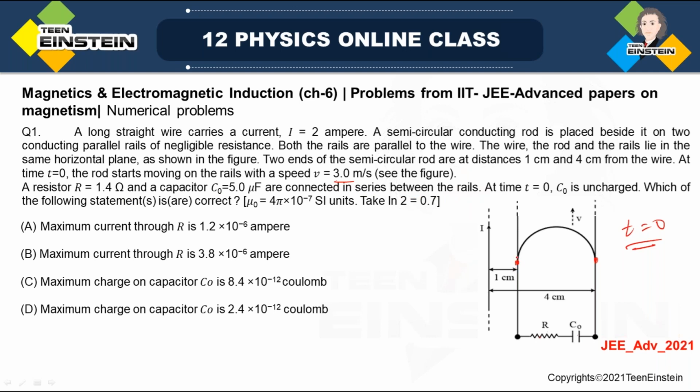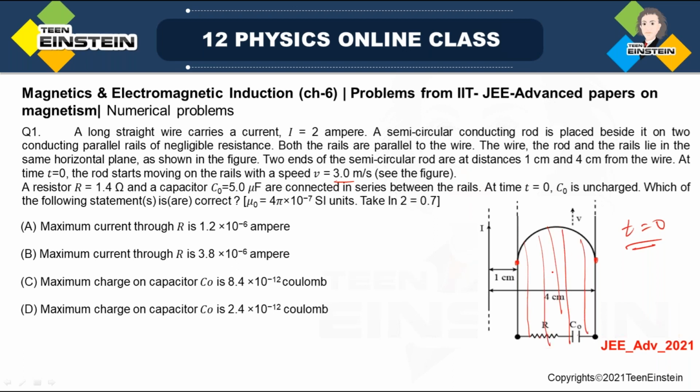That means this is a complete circuit. So if this rod is moving, you can see this is a closed loop. Now this portion is a closed loop.